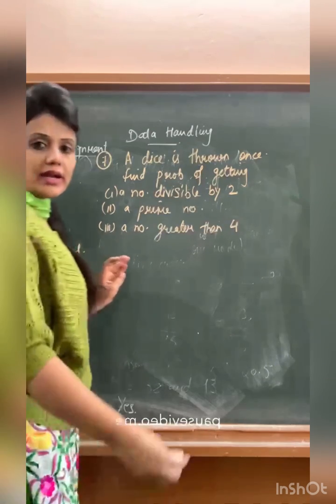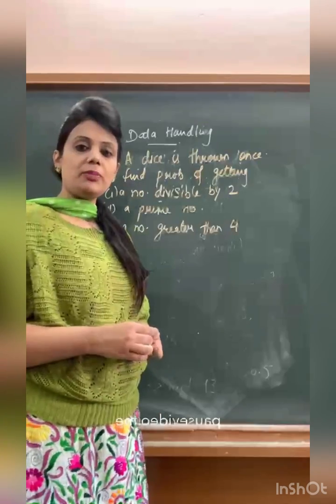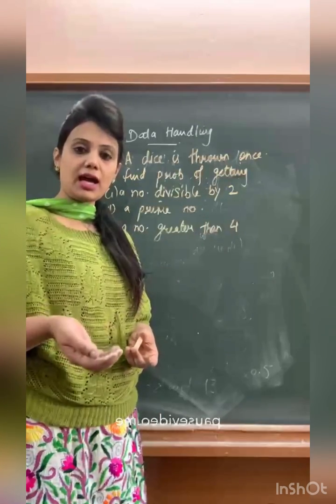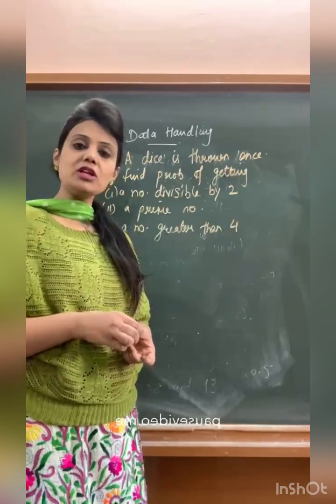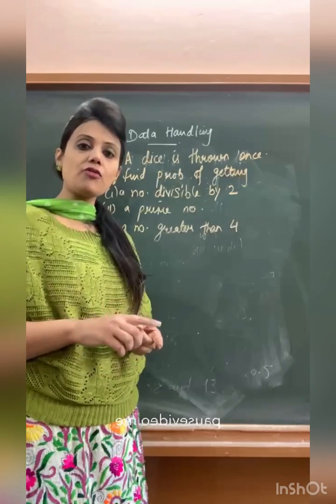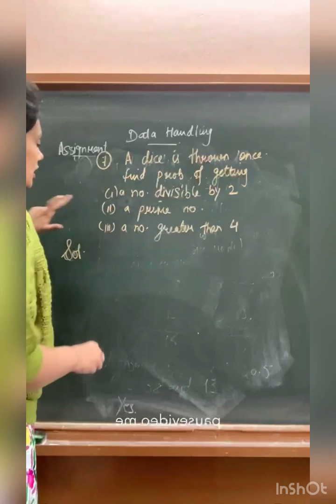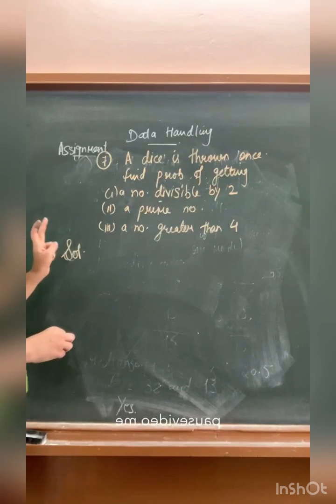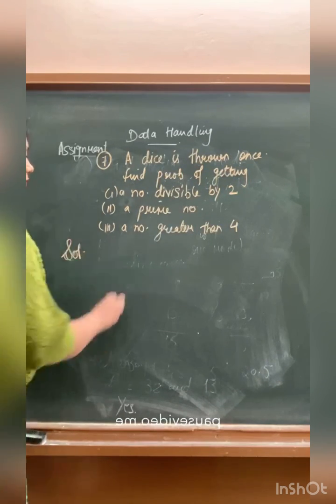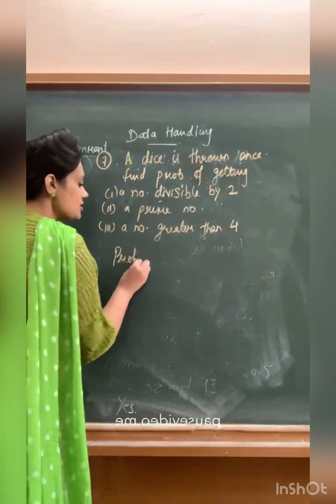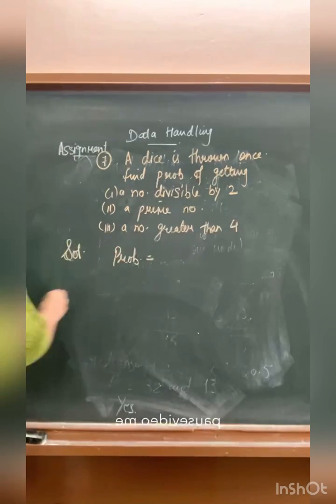6 numbers, right? You know, when we play any game, we are having a dice. In that dice, how many numbers are there? Numbers starting from 1 to 6, right? So, whenever we have to answer the question of probability, then the first step is to write the formula.